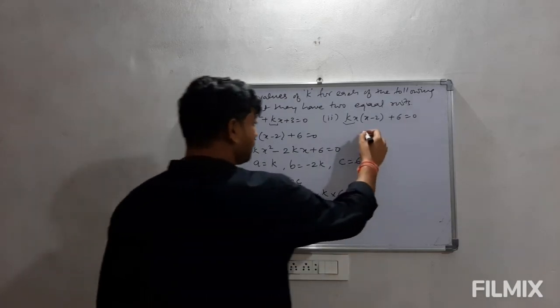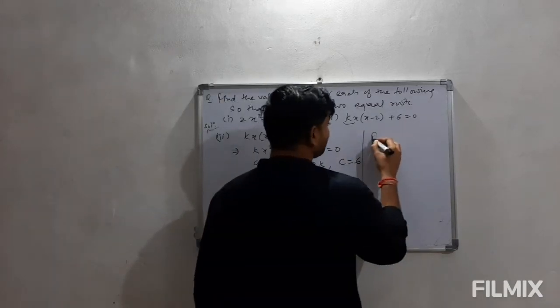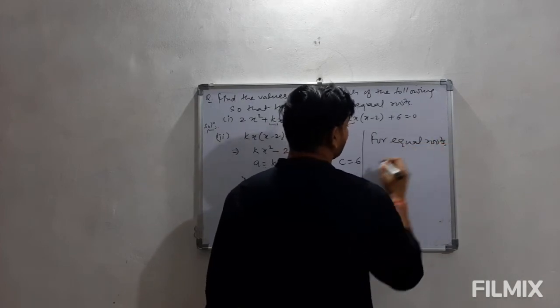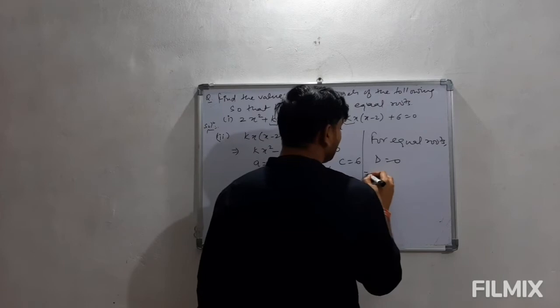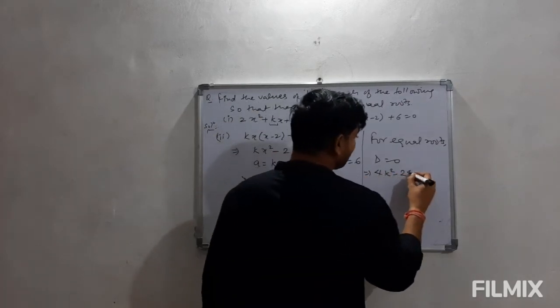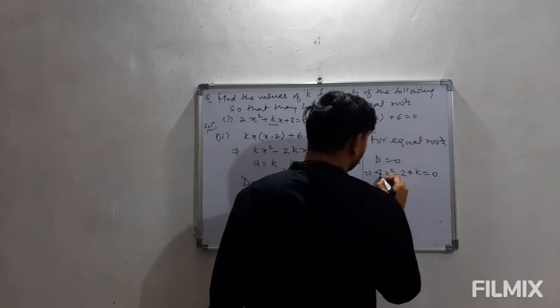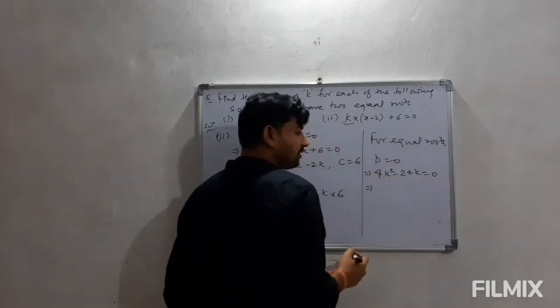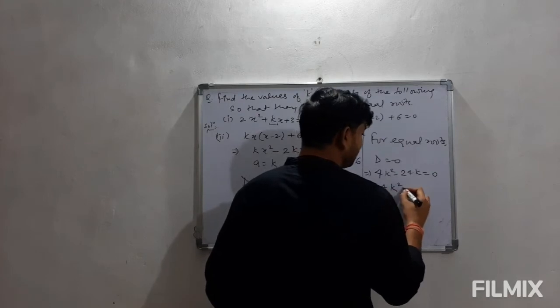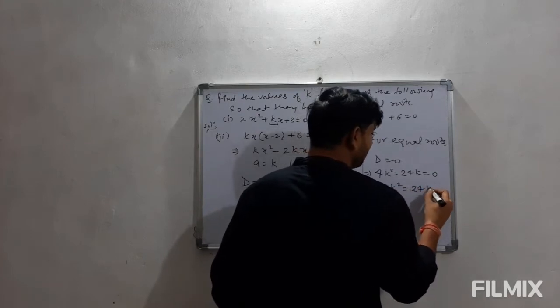Now for equal roots, discriminant should be 0, so the discriminant 4k square minus 24k is coming out to be 0. So from here we can write 4k square is equal to 24k.